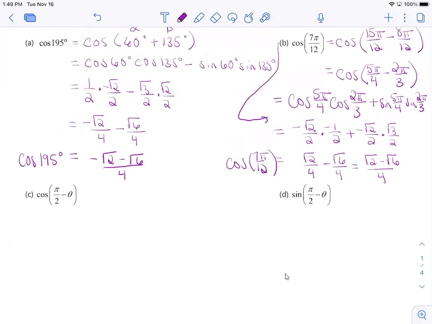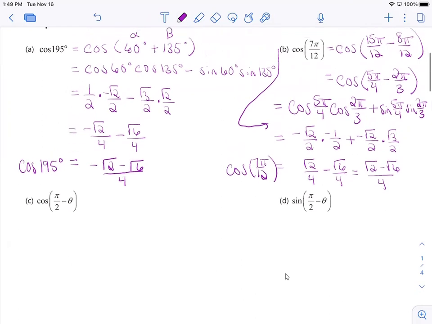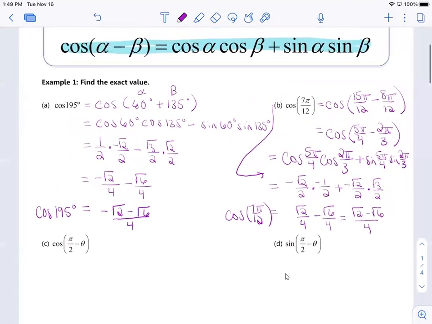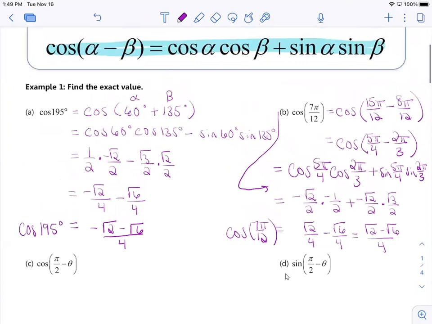So for C and D, these are already broken up for us. It's like they already gave us this step, which is nice. So this acts like my alpha, and this acts like my beta.